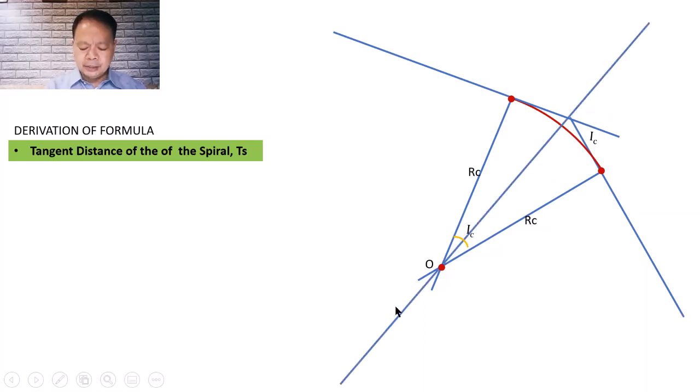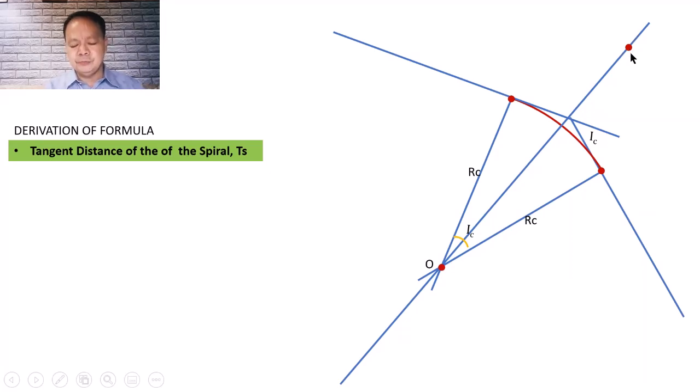Yan, somewhere here will be the location of our new vertex. So imagine that this is the vertex of the spiral. Then, if we will be drawing a tangent line from this point that will cross these tangents of the simple curvature somewhere here, and then dito sa kabila na ito, then we shall be establishing our tangent distance.